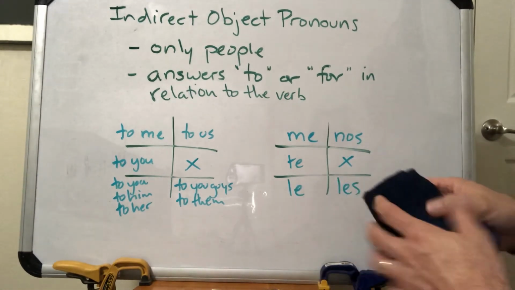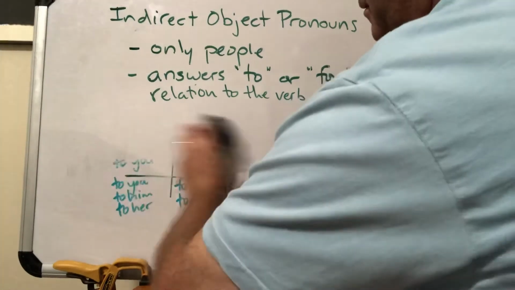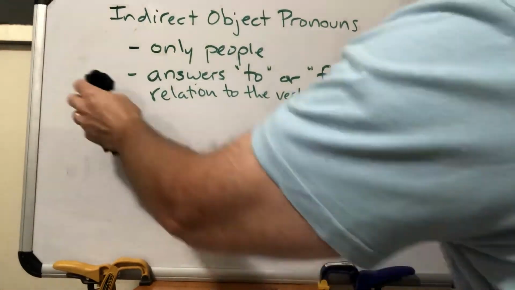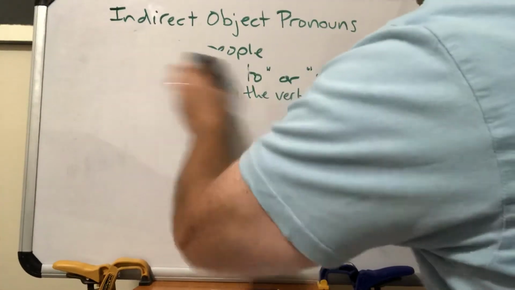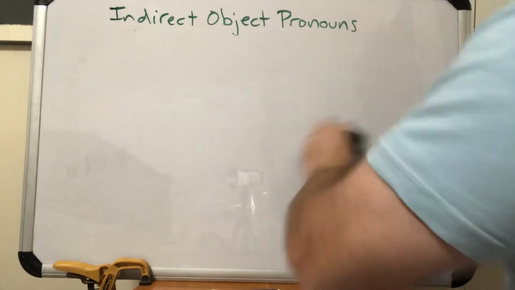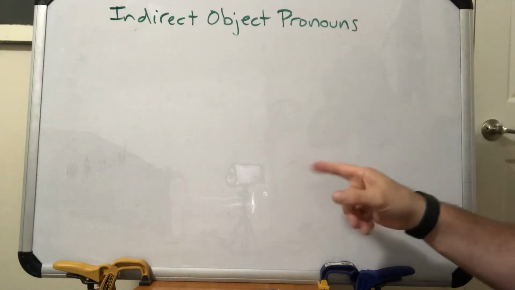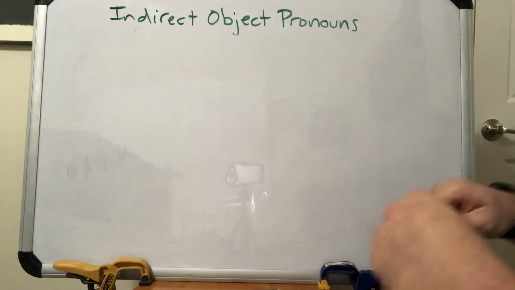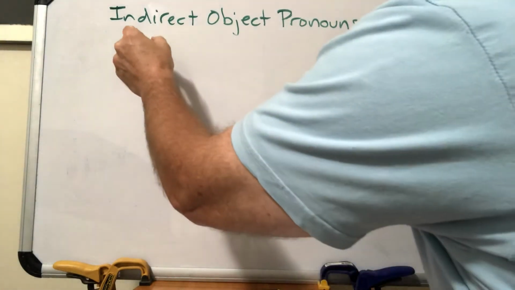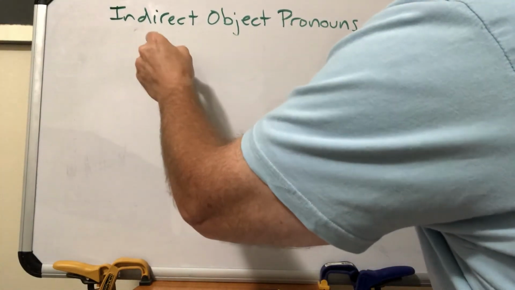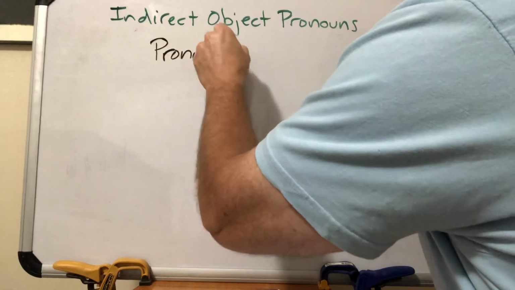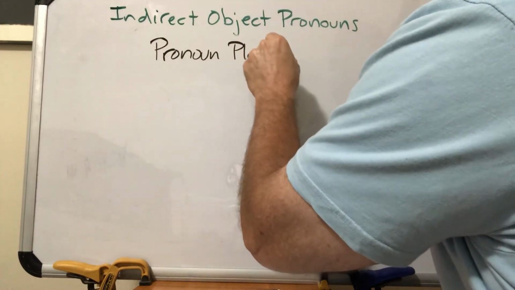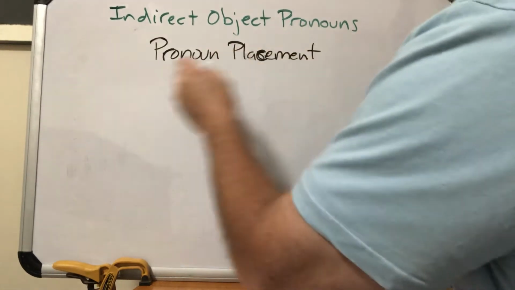All right, let me erase this. So the pronoun placement is the same as when we did the direct object pronouns. I'm going to write it again in case somebody's just watching this video. Pronoun placement.